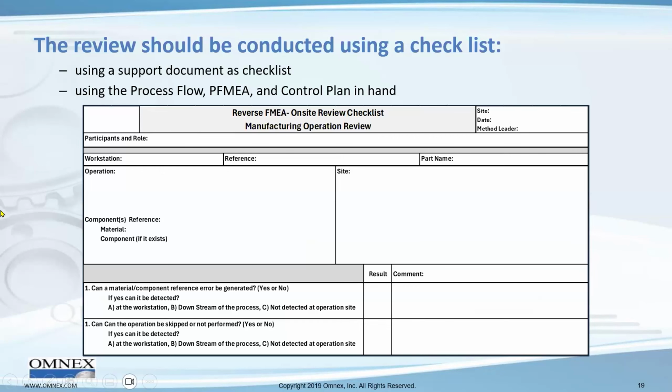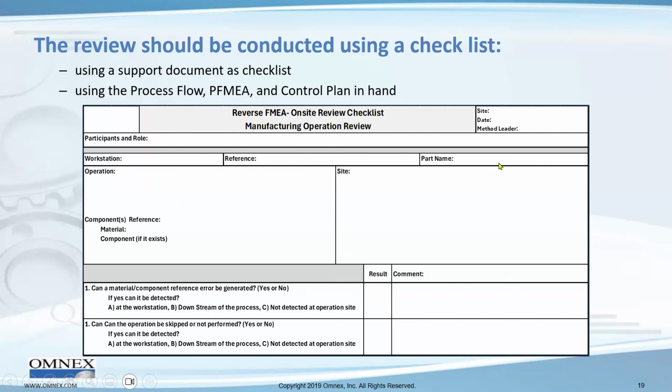If we look at these two questions at the bottom: can material component reference error be generated? Can the operation be skipped or not performed? And that's just a thought starter. There could be 10 or 15 things that people are concerned about. Once you do your review, there'd be a result, yes or no, and then comments.